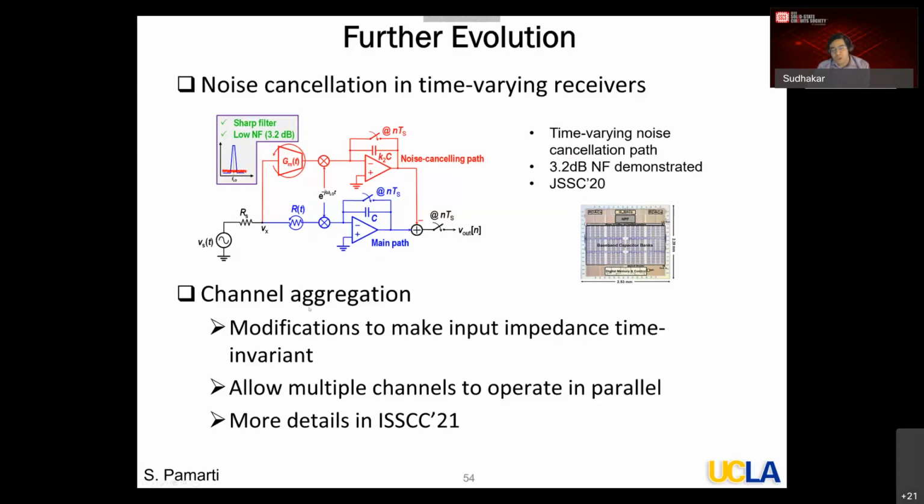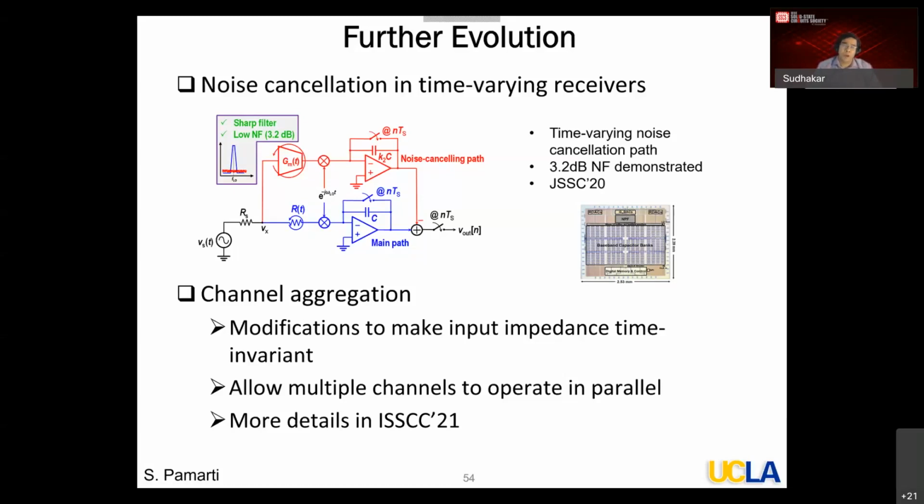Now, another issue is channel aggregation. If you look at my R(t), I am presenting a time-varying resistance all the time. Because I'm presenting a time-varying resistance, having many such receivers in parallel can be problematic. Why? Because one channel might interfere with the other, since each of them is varying in time.